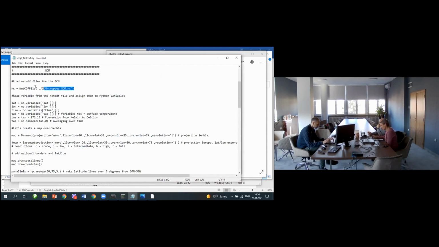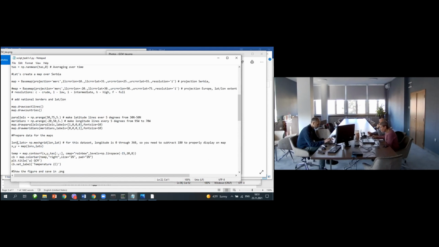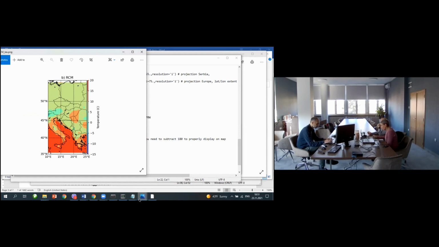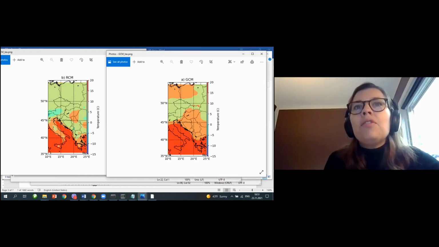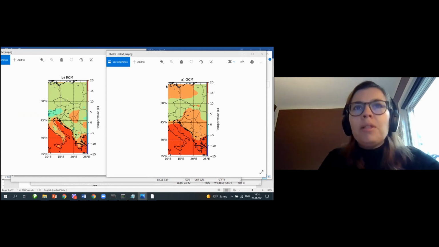We put in those files and changed the latitudes and the longitudes, and erased minus 180 degrees for the GCM, and for the RCM, we just used lons and lats that we actually defined here. So that's what we did, and we got the results here and here. And I'm putting the different steps in the chat, but if it doesn't work for you, please let me know and I'll help you solve the problem.